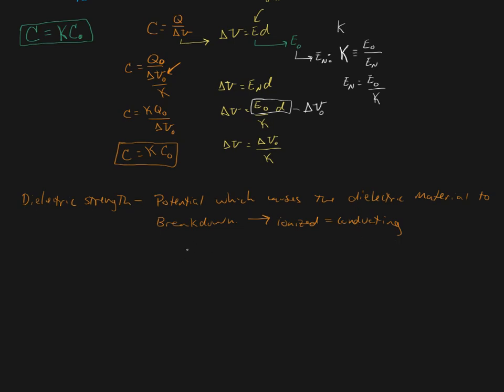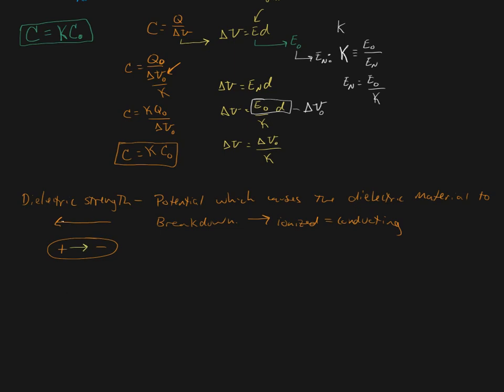So remember, it goes back to this, that the molecules are polarized, so you have a positive end and a negative end, and the stronger the electric field is, in this case we would have an external electric field pointing that way, and the internal electric field is pointing this way.